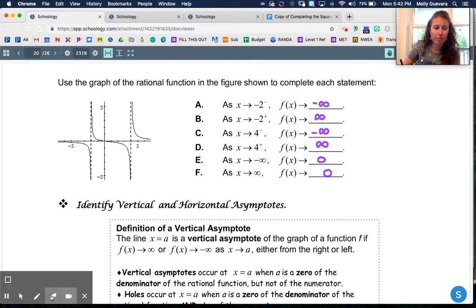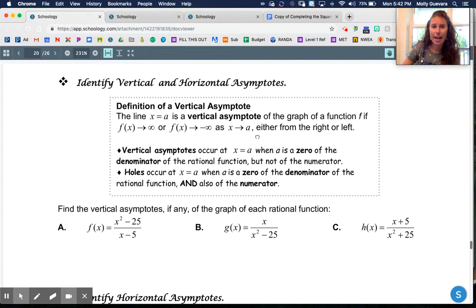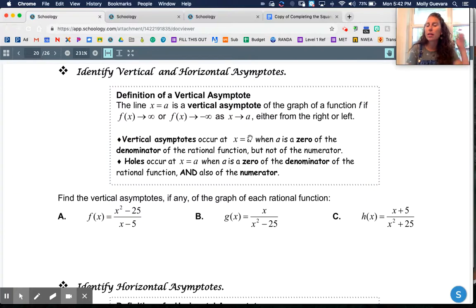So hopefully we're feeling good on our notation. It's really just making sure that we feel comfortable with this notation, because we're going to look at how do you find where is my vertical asymptote, where is my horizontal asymptote. Okay, so vertical asymptote obviously is vertical.